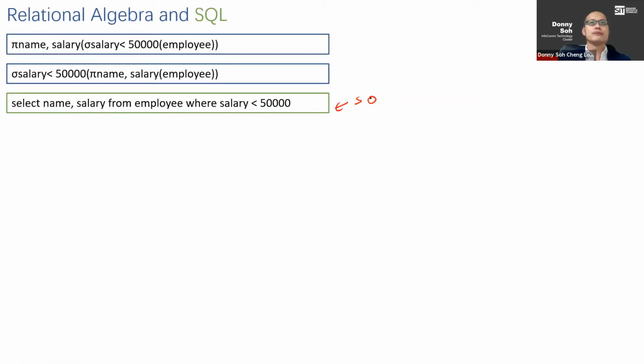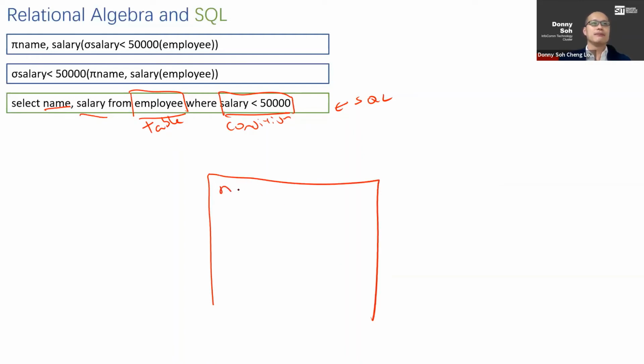This SQL query: I'm going to select the name and the salary from my table, and this is the condition. Maybe it is probably the case that I will have this table of name, and I have a salary, and the table name is employee.